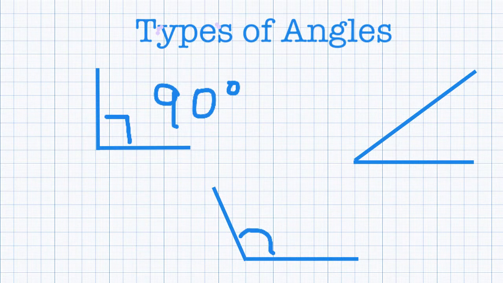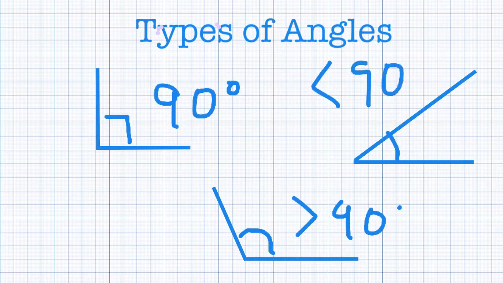So an obtuse angle is always over 90 degrees and less than 180 degrees. So it's more than 90, okay? And the last angle is an acute angle, which, as you can tell, is less than 90 degrees.